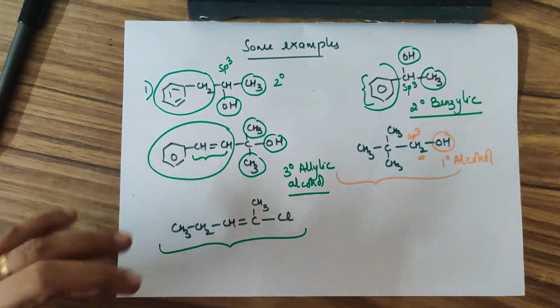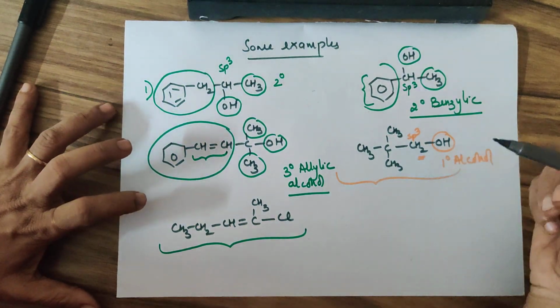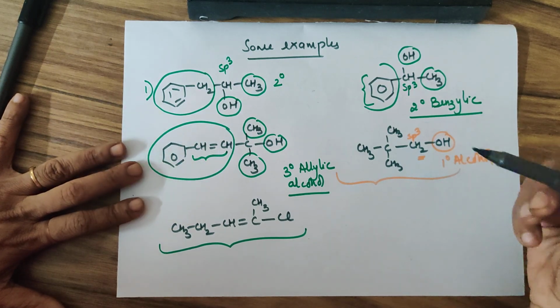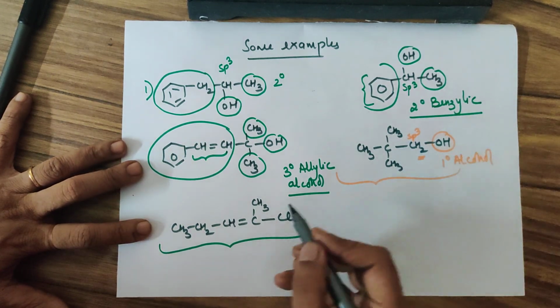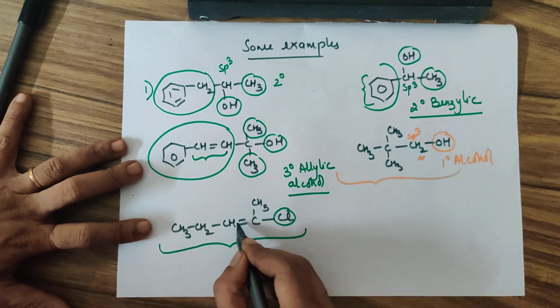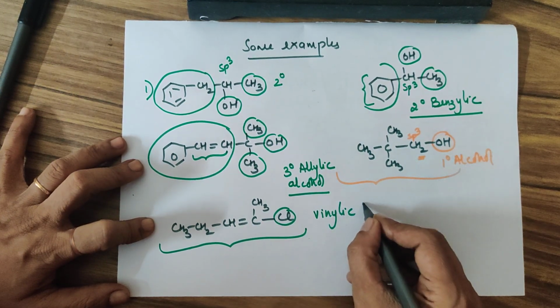I have deliberately given you a chloro because this classification is valid on chapter 10, haloalkanes. Actually, the classification in haloalkane compounds chapter unit 10 and the classification in unit 11 remains the same. You can see this is a halo compound attached to a carbon which is sp2 and it is involved in a double bond. So this is vinylic halide.